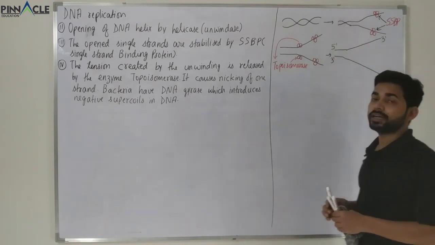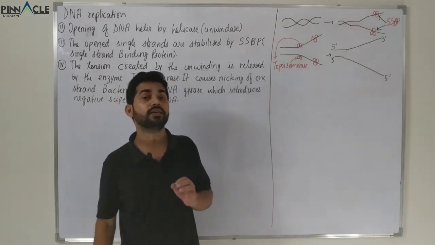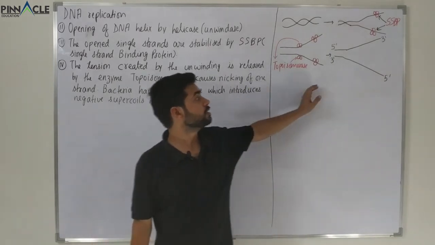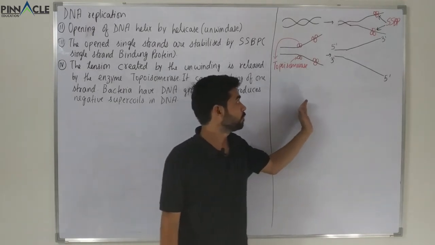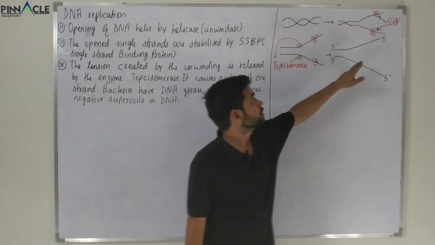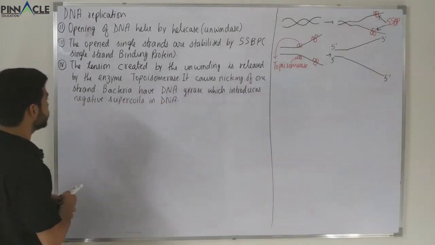We have already seen that DNA polymerase can only polymerize the DNA chain in one direction, that is 5 prime to 3 prime. So it is very easy over here. We'll study that first and then see it in the diagram.